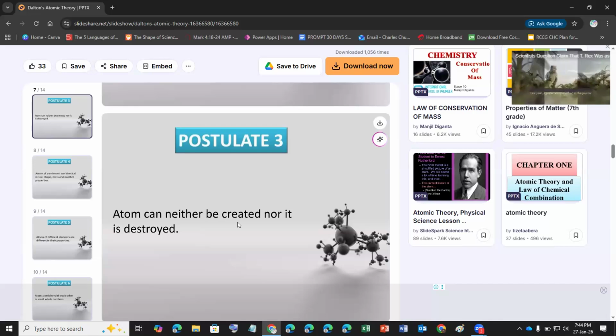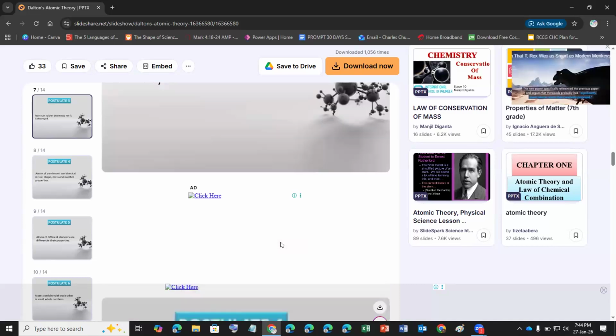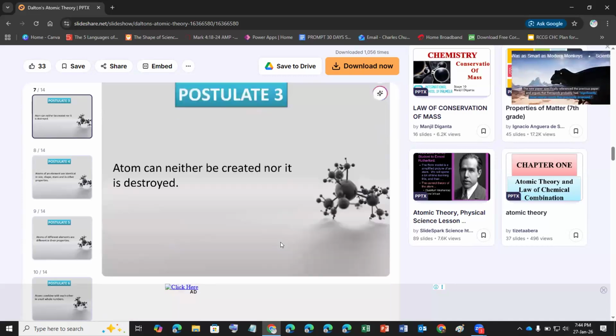And with the advent of the atomic bomb, that was a massive attempt to destroy an atom. And we saw what happened in the Second World War, I think. That was how the Second World War ended. So atoms can actually be created or destroyed.